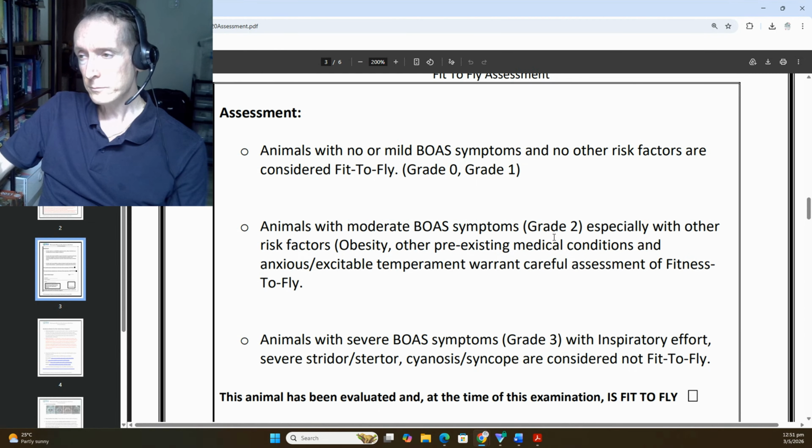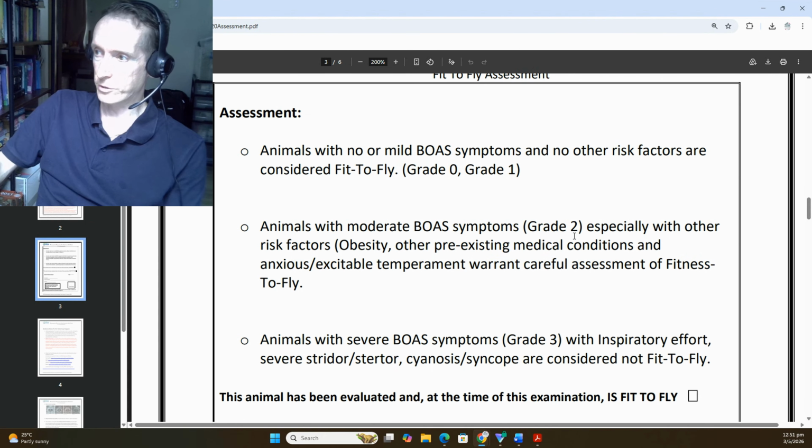Okay. The more difficult area is the ones with moderate symptoms, grade 2. So where they have some upper respiratory sounds, and other risk factors such as being overweight, other medical conditions, being anxious or excitable. Okay, so these ones are grade 2.